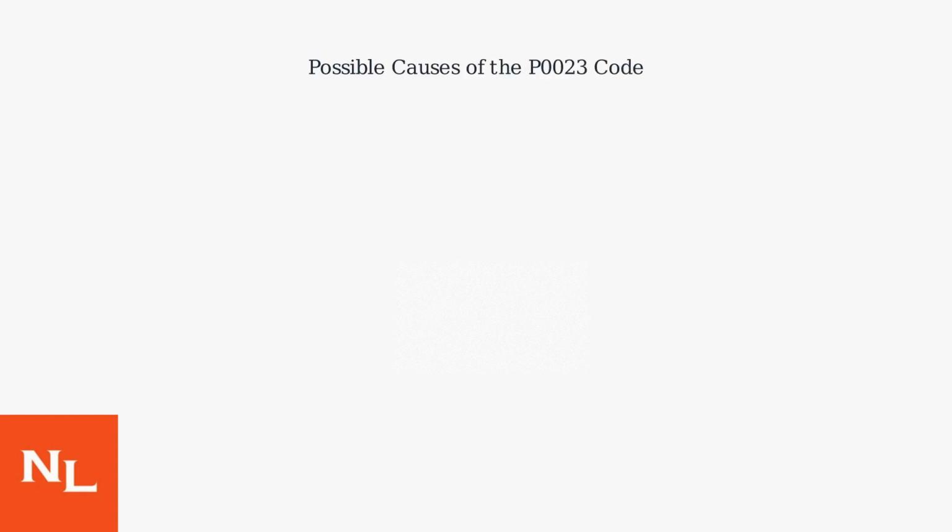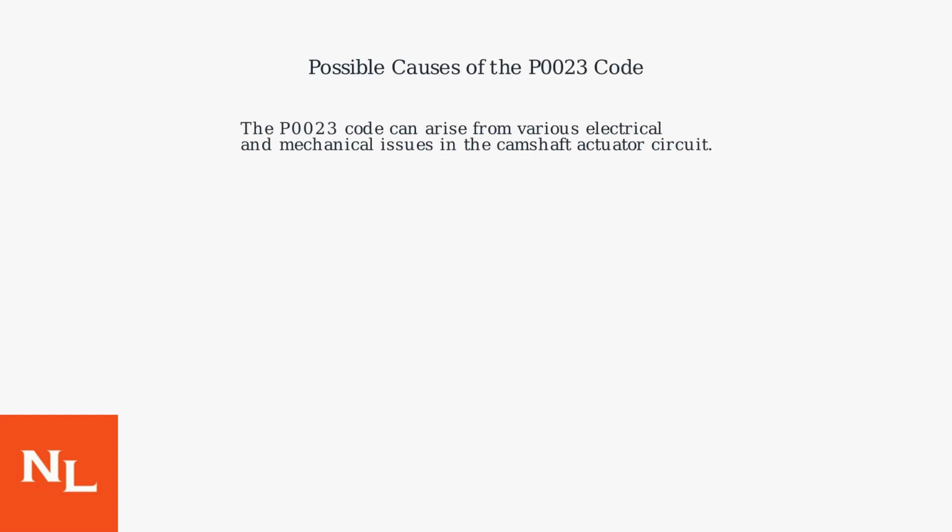The P0023 diagnostic trouble code can arise from various issues affecting the camshaft position actuator circuit on bank 2. These problems typically fall into two main categories: electrical faults and mechanical issues. The engine control module detects the fault when the actuator's response is abnormal.